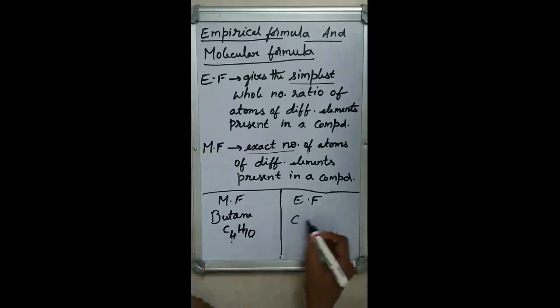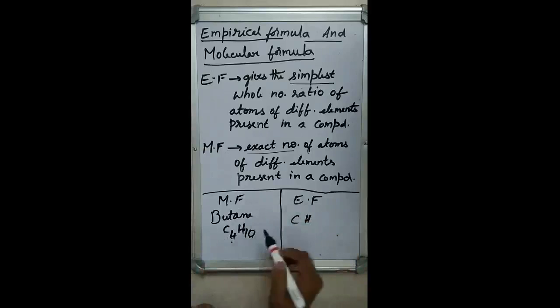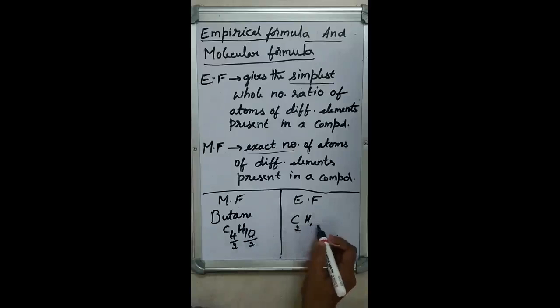Now for the empirical formula, what should I write? I have to find out the simplest ratio of this. Both numbers are divided by which one? 2. So 2 2s are 4, 2 5s are 10. So this is the simplest ratio, and the simplest ratio is nothing but the empirical formula.